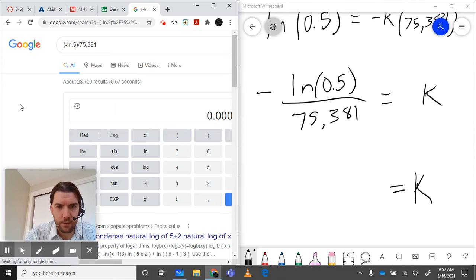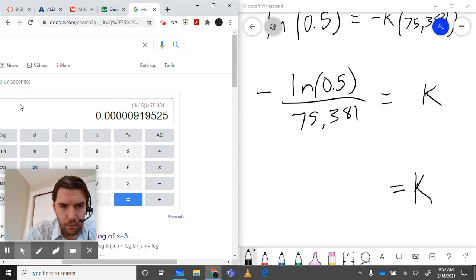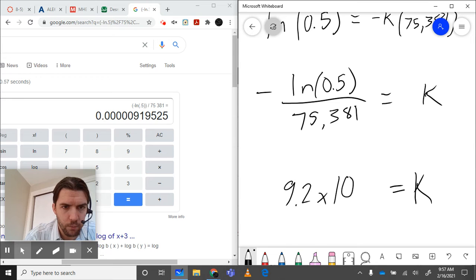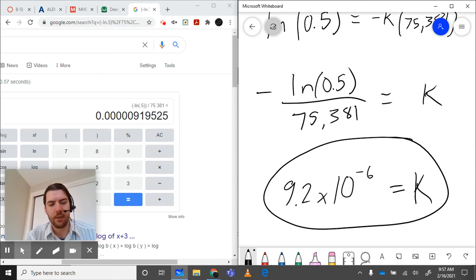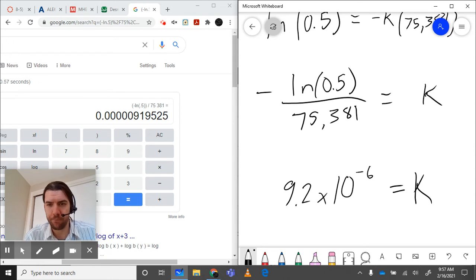But what we'd find is that this is about 9.2 times 10 to the negative 6. If you don't know scientific notation, that's just a way of writing this so we don't have to write all the zeros. Okay, so we would generate a decay rate value for this particular isotope of thorium.